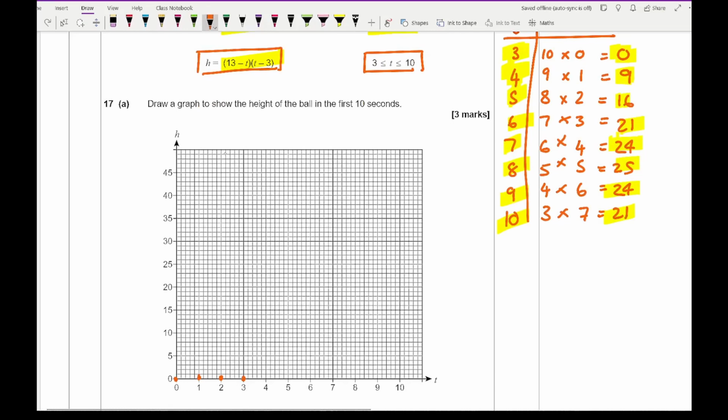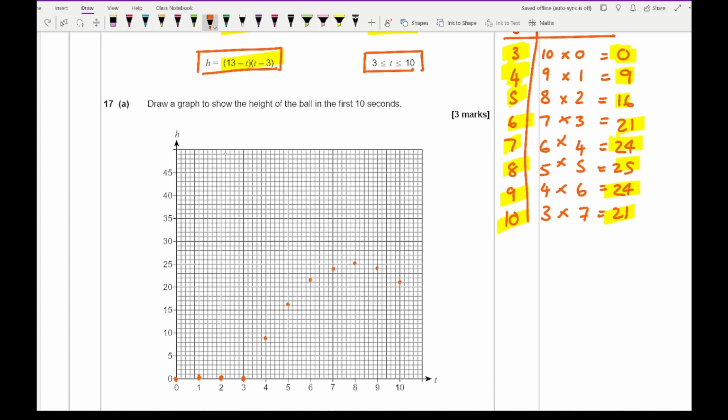So 3, 0, 4, 9 is there, 5, 16 is there, 6, 21 is there, 7, 24 is there, 8, 25 is there, 9, 24 is there, and 10, 21 is there.